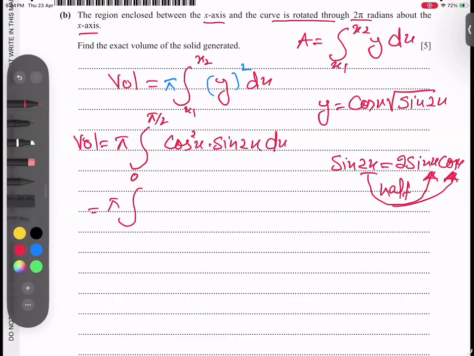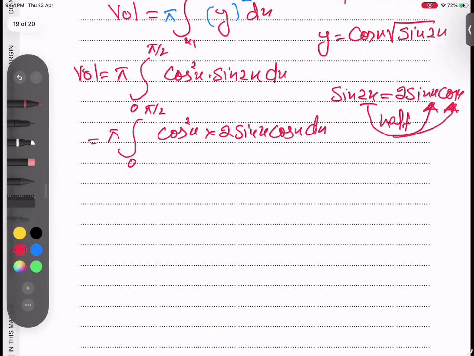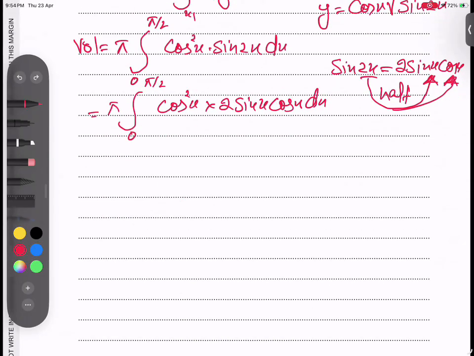Pi outside, 0 to pi by 2, cos square copy, and here I'm writing 2 sine x into cos x. Okay. Now what to do, students? This cos into cos becomes cos cube. I'm writing now pi outside, 0 to pi by 2, and I'm getting 2 outside also. This 2 I bring outside. And I got cos cube x, students, into sin x.